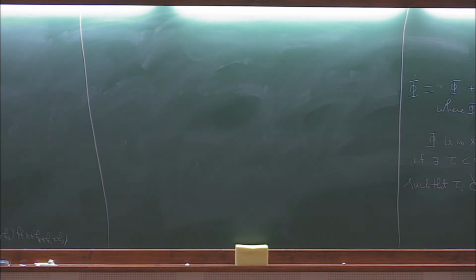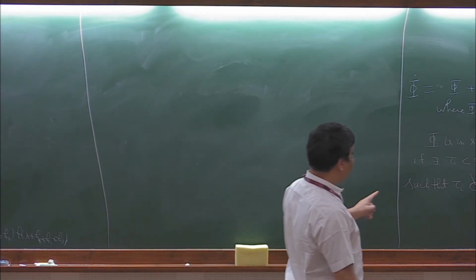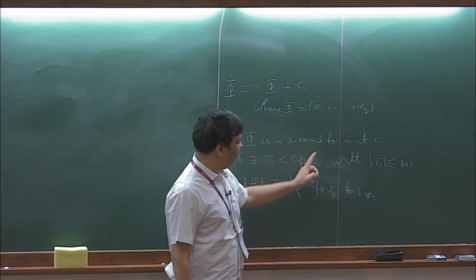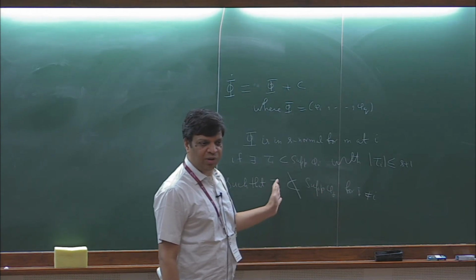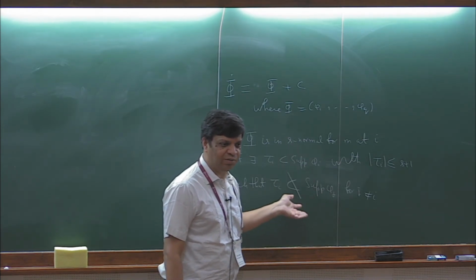That if a linear form is of a finite complexity, then it can be. Okay, so phi is in S normal form at I if these conditions are satisfied, and phi is said to be S normal if these conditions are satisfied at every I.